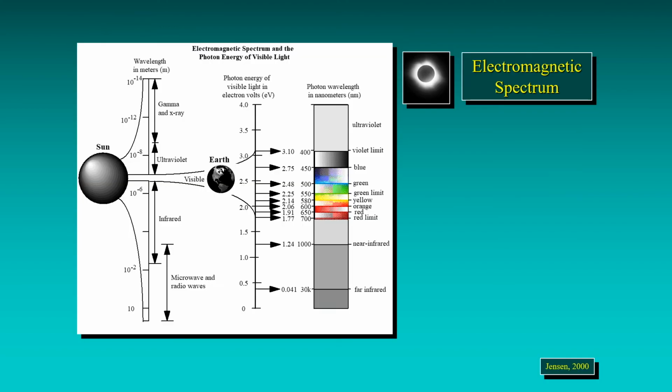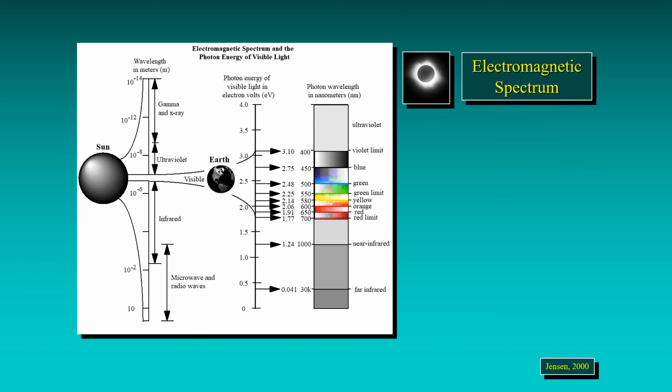And this figure shows similar information to what we saw in a prior graphic, but basically it's showing that the sun, again, is producing a continuous spectrum of energy going from very short wavelength, high energy radiation, say for example, gamma rays, out to very long wavelength radiation, low energy content radio waves.